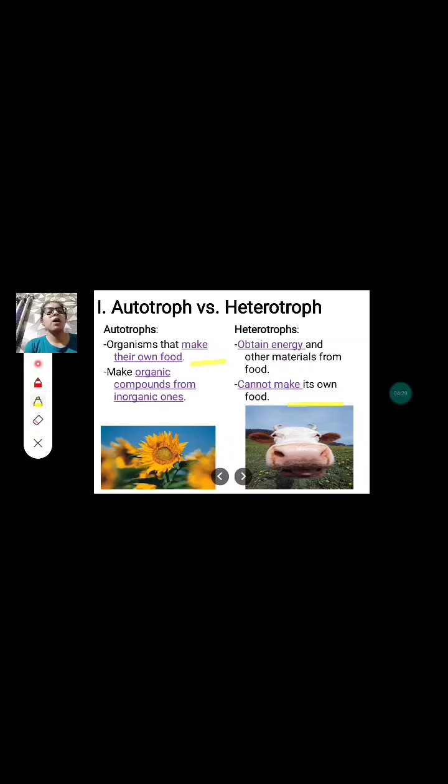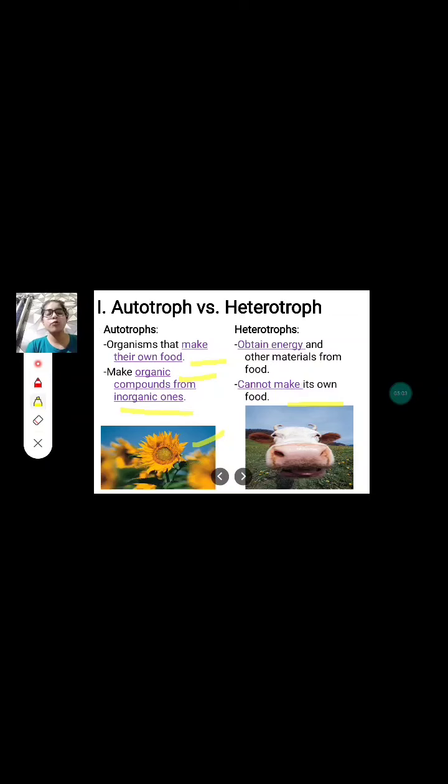Autotrophs like plants, algae and bacteria use inorganic sources like carbon dioxide and water, and with the help of sunlight they convert these inorganic contents into organic compounds, in the form of sugar, glucose or food. That provides the energy to the plants.